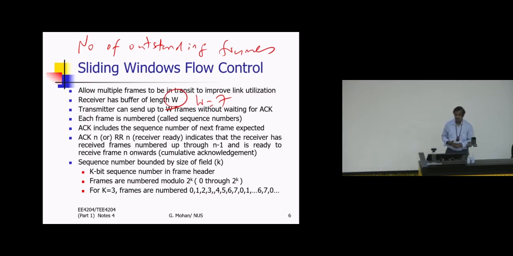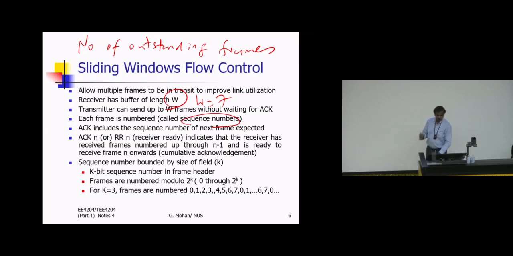So that way, it is trying to overcome the limitation of stop and wait. Because now there are many outstanding frames. That means the sender is sending multiple frames, of course, one by one, serially, without waiting for an acknowledgement. We need to give a sequence number to each frame, because when the acknowledgement is received, the sender should know which frame is acknowledged, whether the 5th frame or the 4th frame is acknowledged.